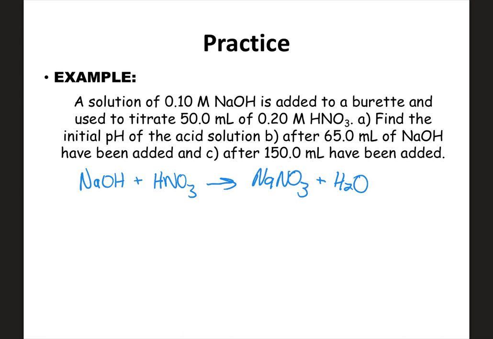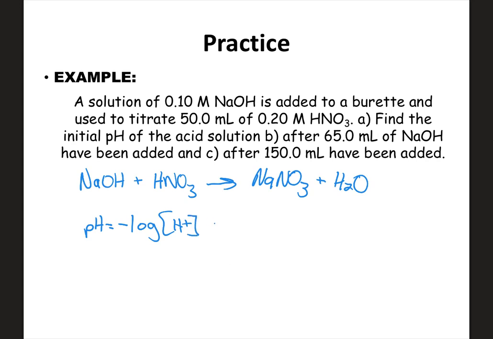The first part here wants us to find the initial pH of the acid solution. So remember, initially here in the flask, all you have is a strong acid. And because it's a strong acid, if you know the concentration of the acid itself, and it's a 1-to-1 ratio, you know the concentration of the H plus. So pH we know is equal to the negative log of the concentration of H plus.